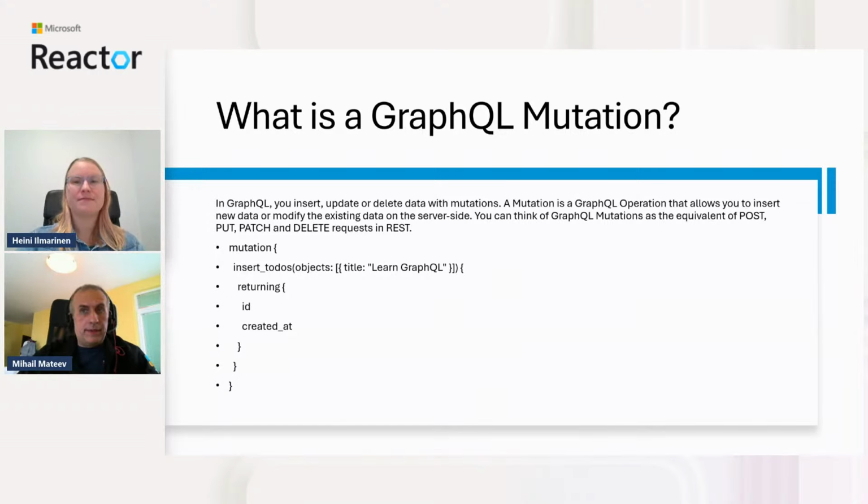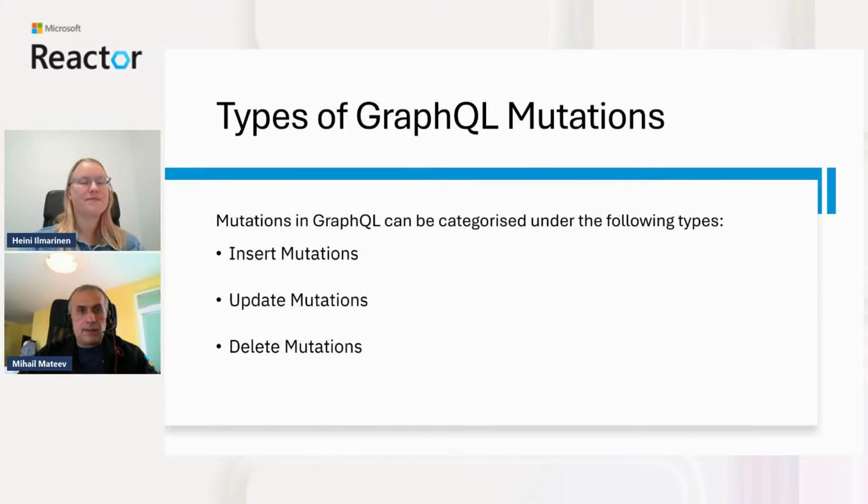We will go now to the next slide, where conceptually we will see again the main types of mutations: insert, update, and delete mutations. They are also described in the schema.